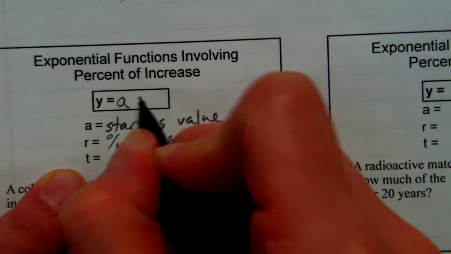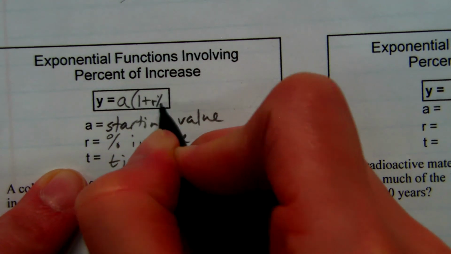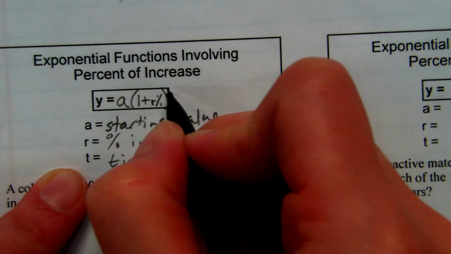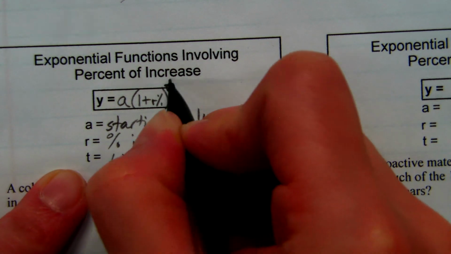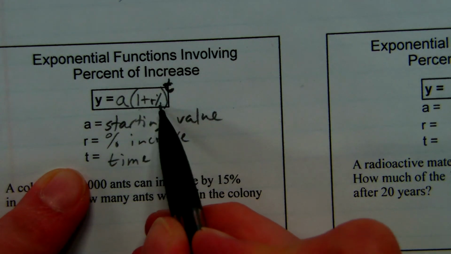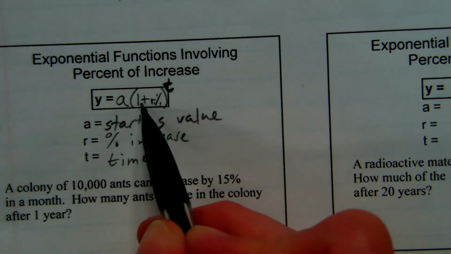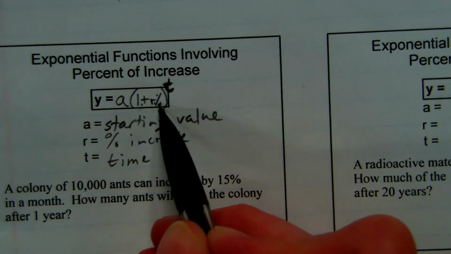You do A parentheses 1 plus R percent to the T power. So my T is the only thing that's not going to fit in the box. So this just kind of sums up what we just did. So if I'm adding a percentage on, I always add it to 1 because that's your 100% that you started with, and then you're adding it to that.